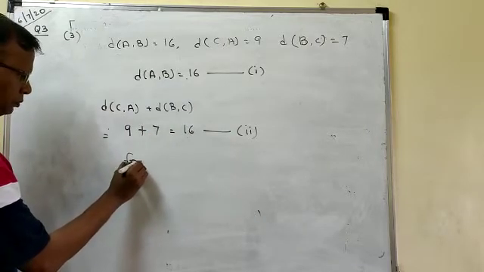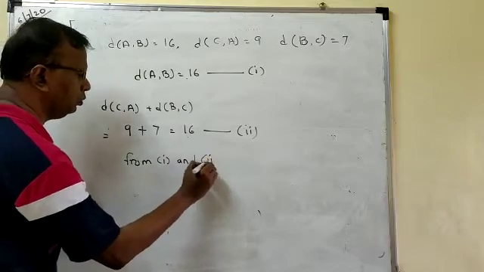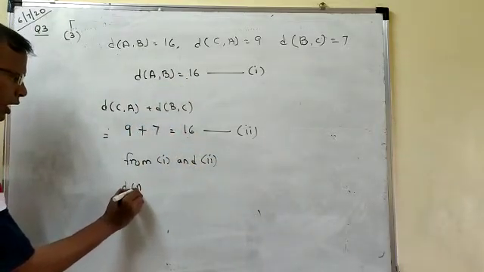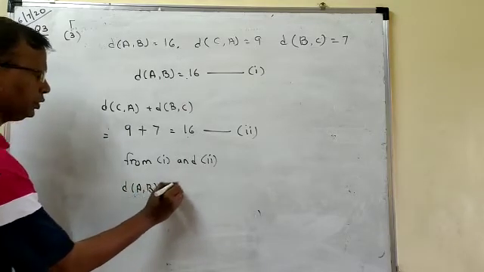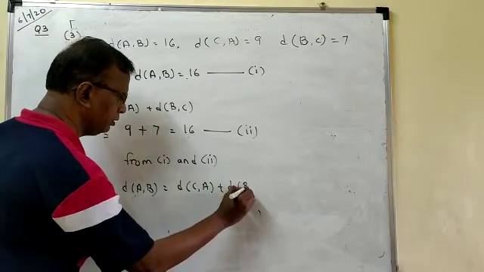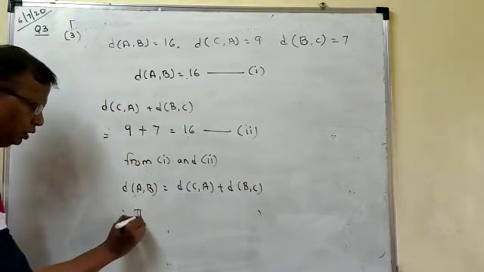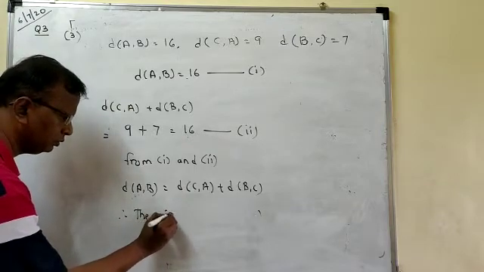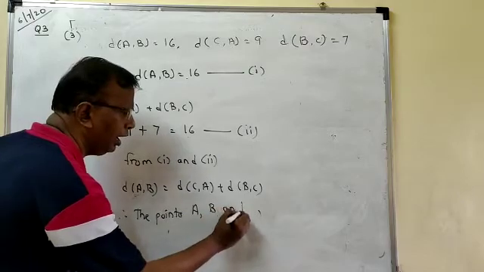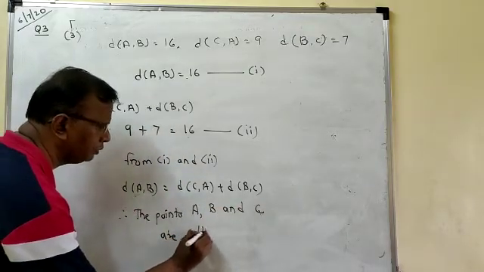So from 1 and 2, both distances are the same, so we can say distance AB is equal to distance CA plus distance BC. They are equal, no? Therefore the points A, B and C are collinear.